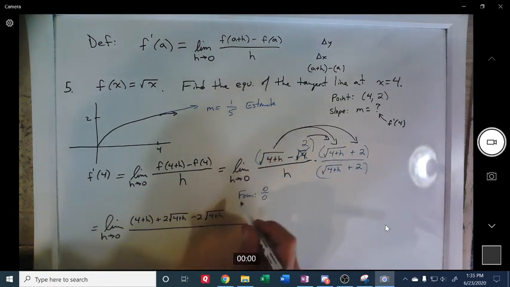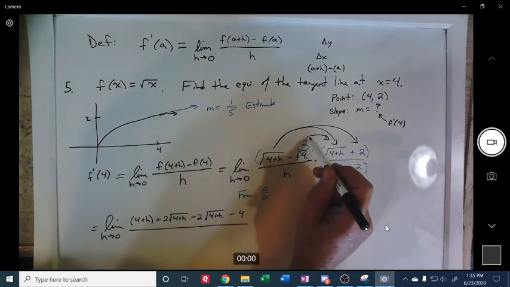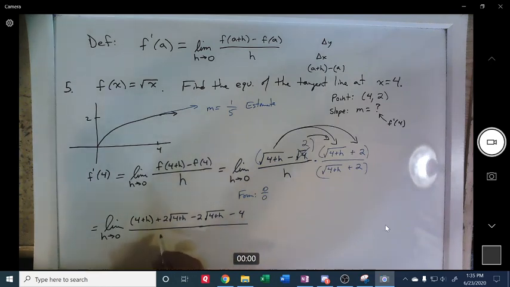And then the last term is minus 4. And then on the bottom, I'm not going to multiply that out, because that h is what I want to cancel out.